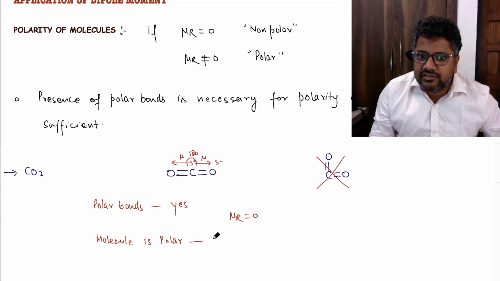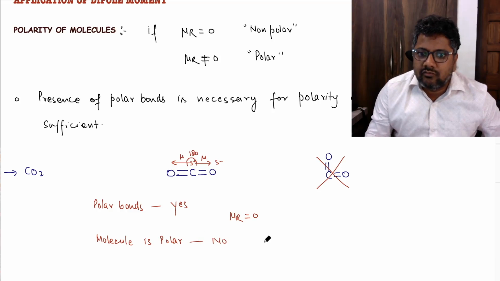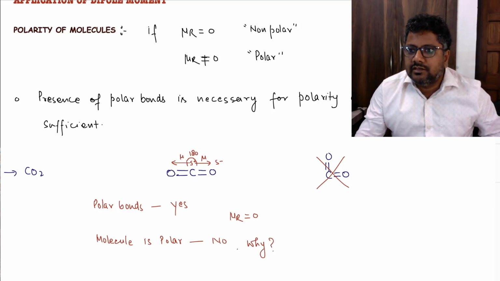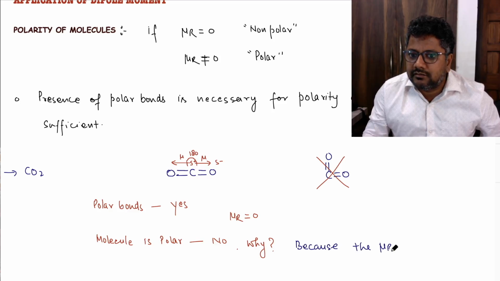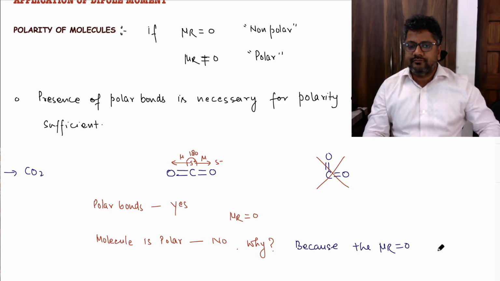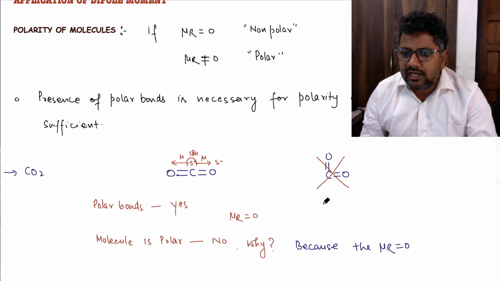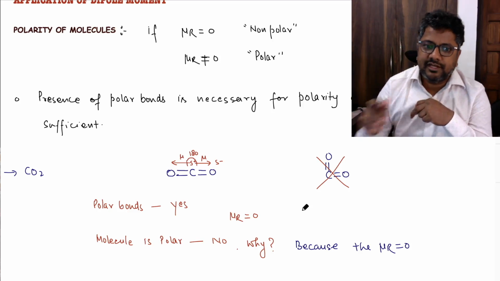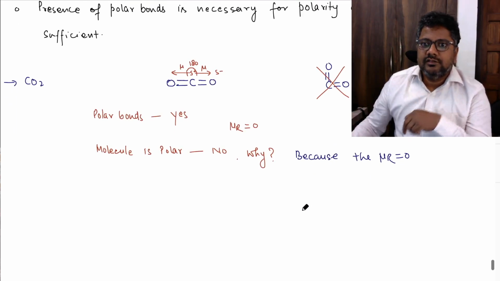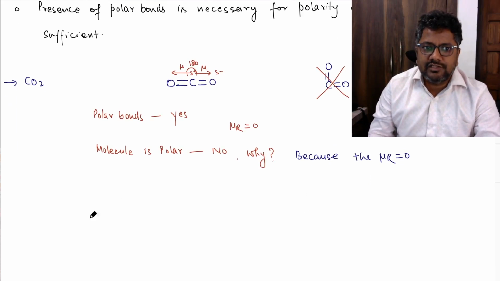The answer is no. Why? Because the mu resultant is equal to 0. So basically mu resultant will determine whether the molecule is polar or non-polar, right? So see, this molecule is non-polar.